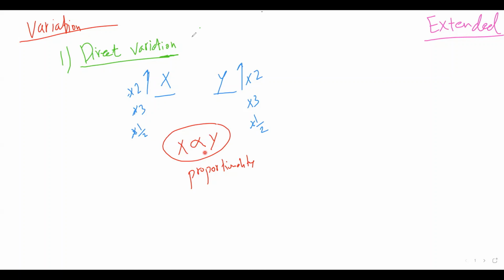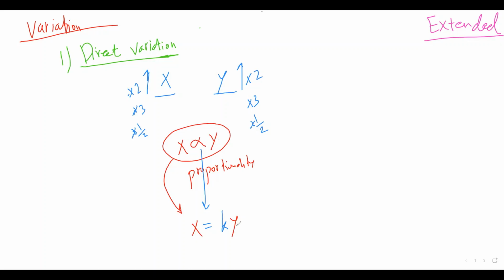If you want to convert this to a formula, in other words, get rid of this proportionality symbol and convert it to an equality symbol, you have to multiply the right-hand side by a constant. I'm going to use the letter K to represent that constant.